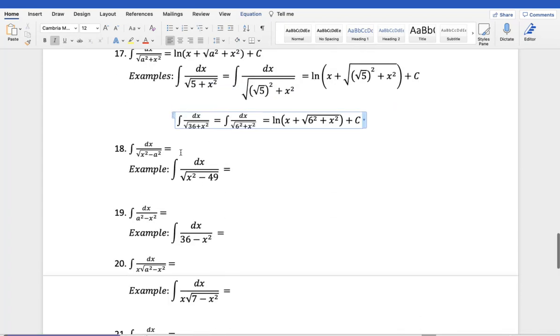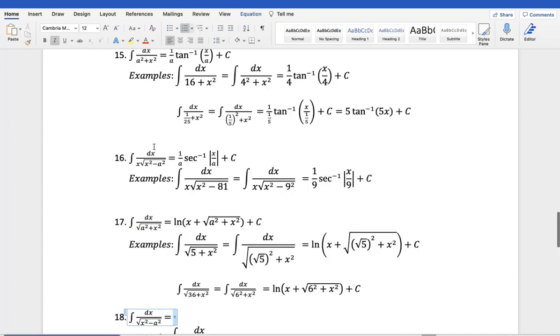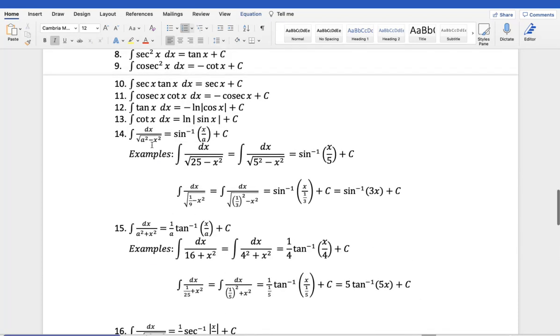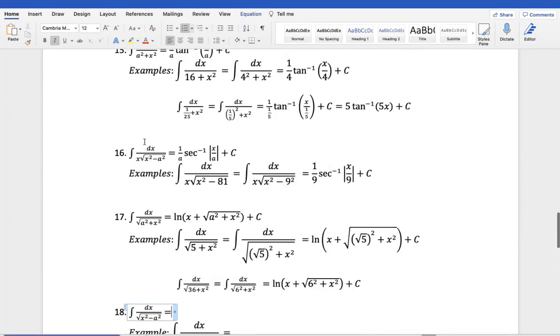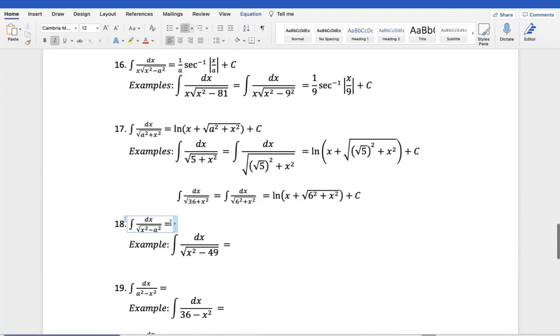The next general form that we'll be looking at is when we have the integral of dx over the square root of x squared minus a squared, which is different from the case of the integral of dx over the square root of a squared minus x squared. So those two are different cases.